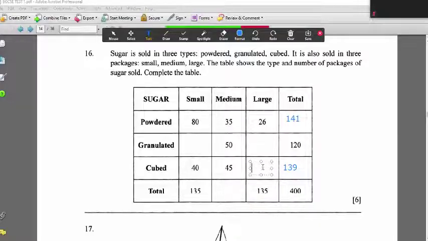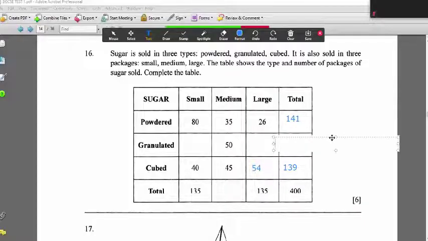So just make sure you see this pattern in terms of what we're doing here. We're using the total to help find the missing number. Here we have 135 as the total. We have these 2, and therefore we get this missing one. So 135 minus 54 minus 26 gives me 55.